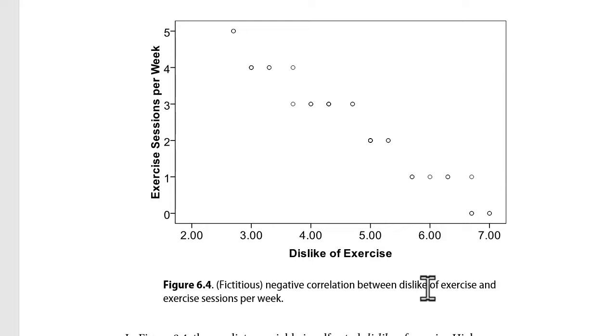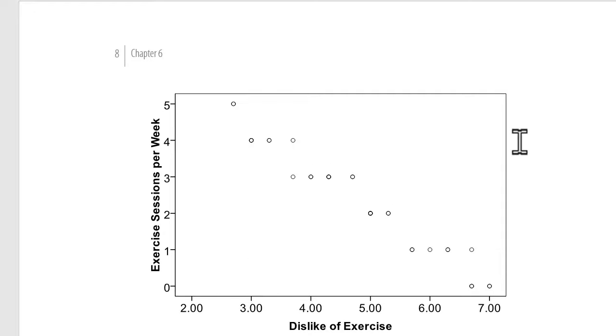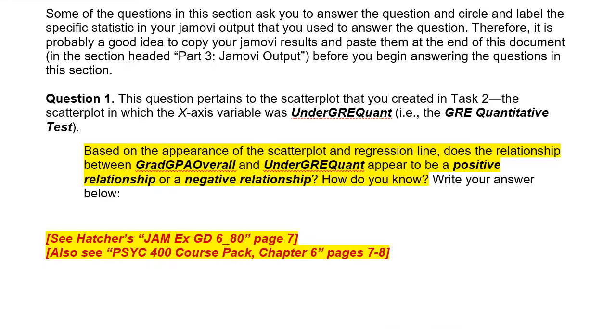If so, you're going to say, I have a negative correlation. Now again, this was pages 7 and 8 from your Psych 400 course pack that you bought at the bookstore. Let's go back to the exercise. We're still answering questions. I'm back in the exercise. I've given you some pointers on how to answer question 1.